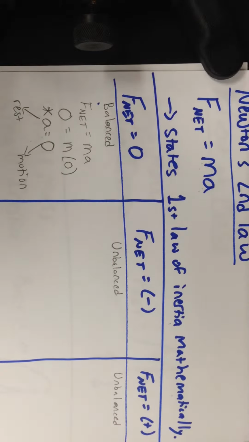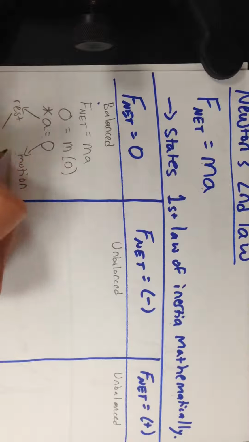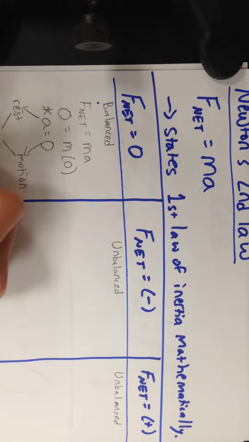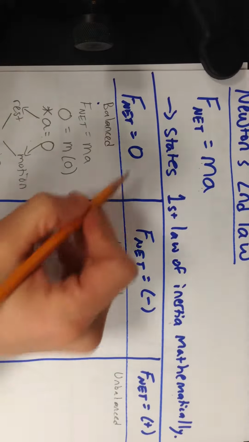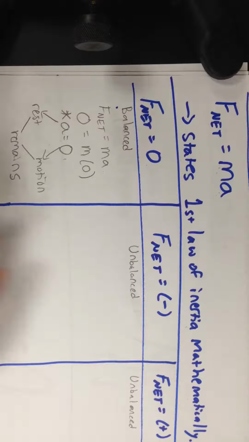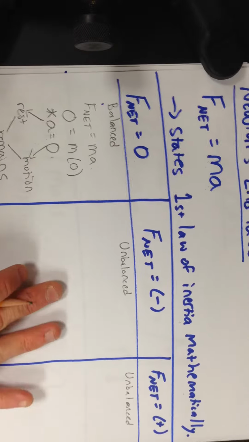So it doesn't speed up or slow down. So if it's at rest or in motion, it will remain. And you already knew that. So that's why when the net force is zero, mathematically you can see there's no acceleration and it remains either at rest or in motion. Just saying the first law mathematically.